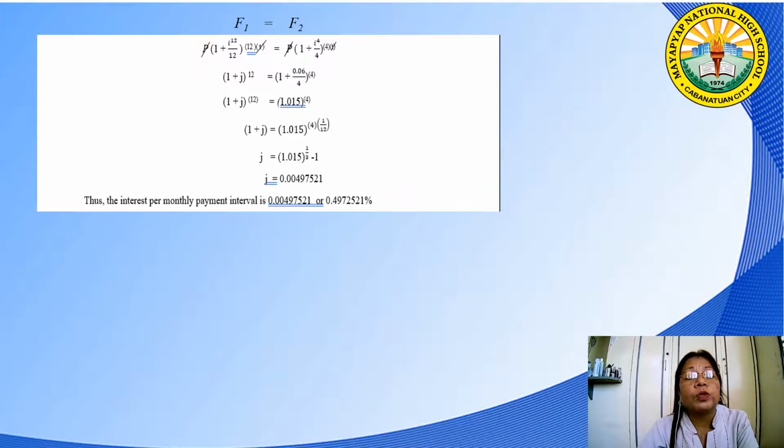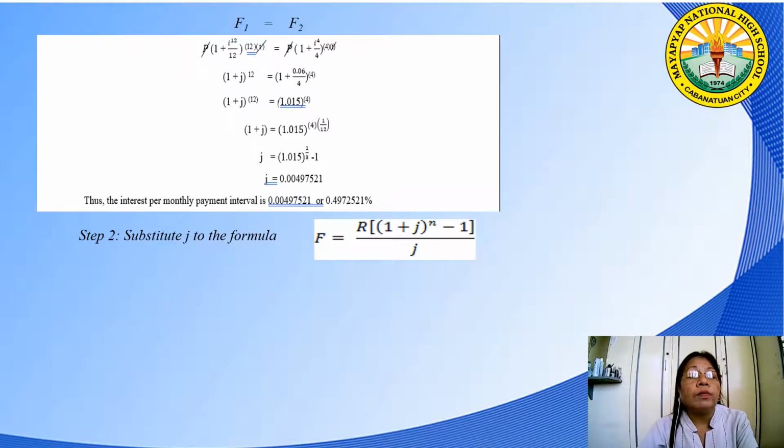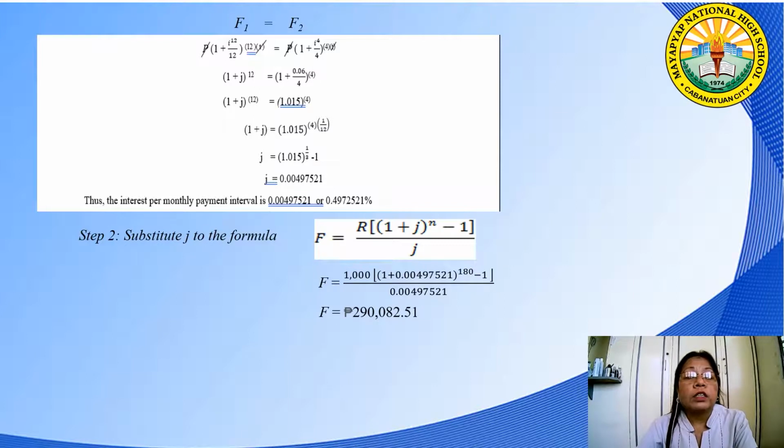Substituting J to the formula, F equals R times quantity 1 plus J raised to N minus 1 over J. So the value of F is equal to 290,082.51 pesos. Thus, Mel will have 290,082.51 in the fund after 15 years.